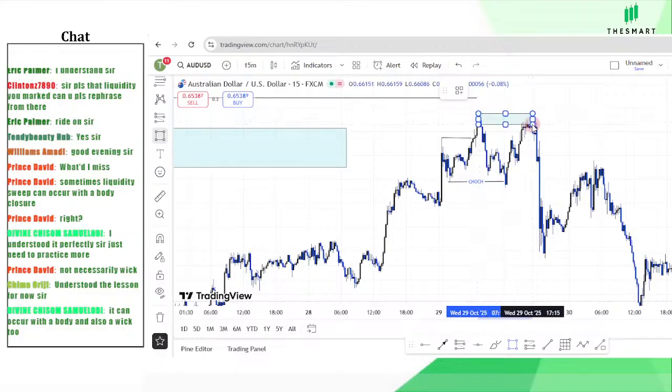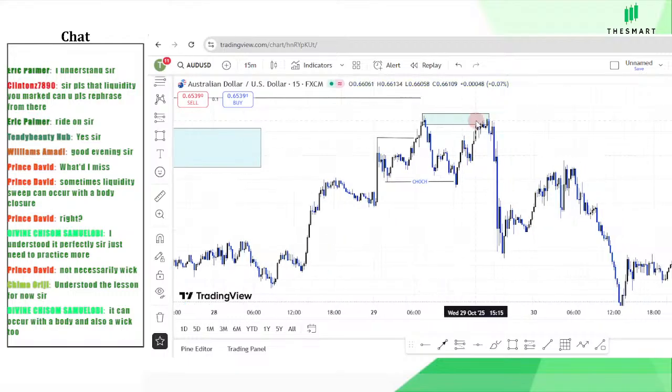So now look, you have this level here, you have this level here, this is the inducement, and you have this zone at the top, and price came into it. Only from this point to this low, already at least 1:3.